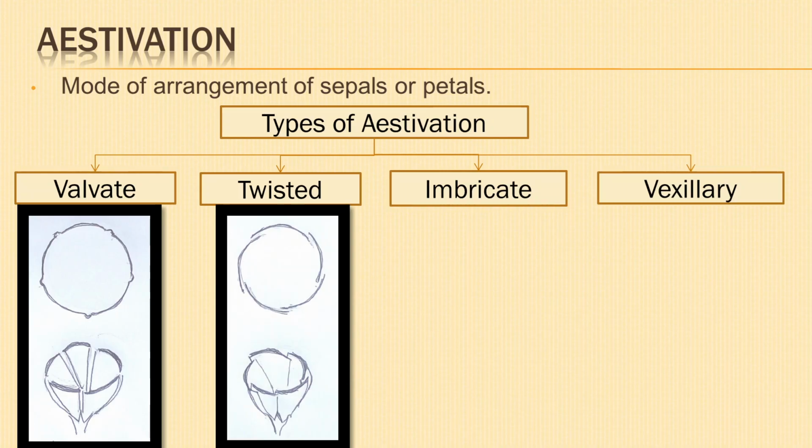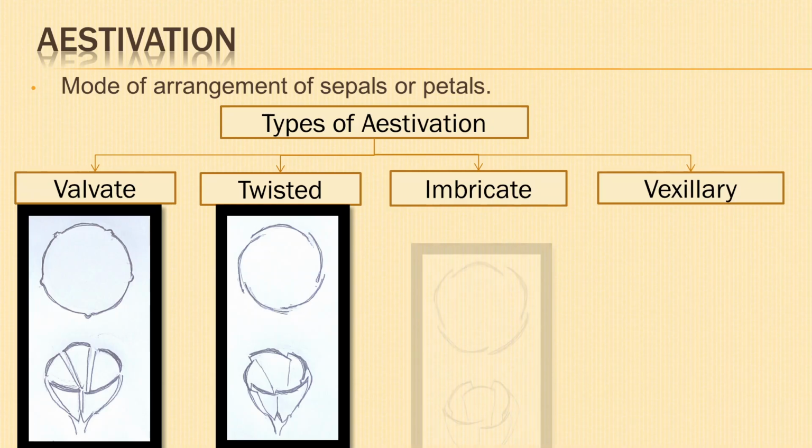In this type of estivation, one margin of each sepal or petal overlaps that of the next one, and the other margin is overlapped by the third one. Example, China rose. Twisting of the petals may be clockwise or anti-clockwise.